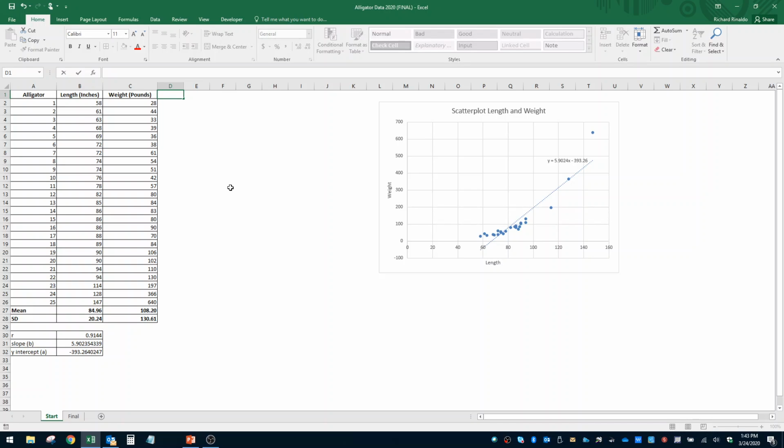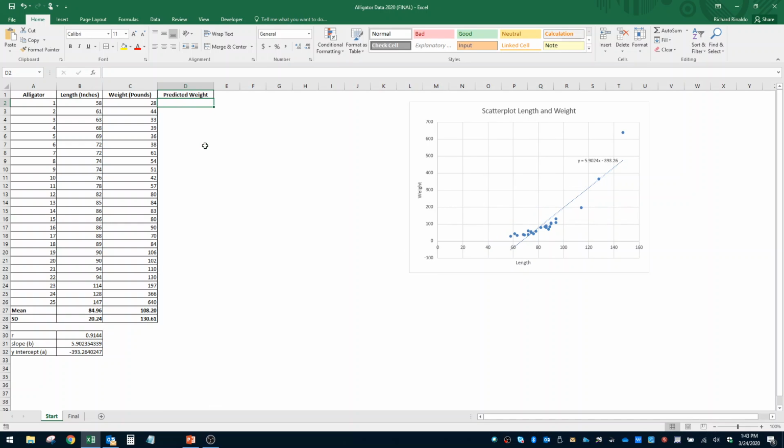I want my predicted y, so my predicted weight. I'm going to plug in, per alligator, their length multiplied by the slope, and then add the y-intercept, which is a minus value.